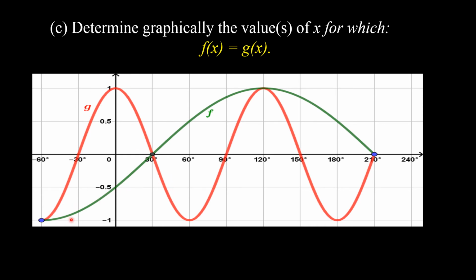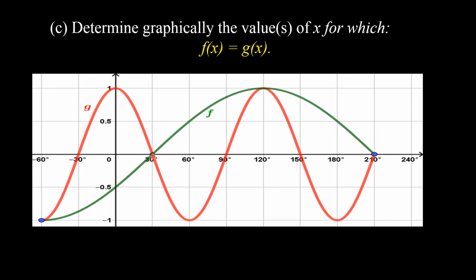Look at the two graphs. Where are they equal? They must be equal at the points of intersection. The x coordinate and y coordinate will be the same. What is the x coordinate? Minus 60. And we want the values of x only, we are not worried about the y value. So minus 60 is an answer.